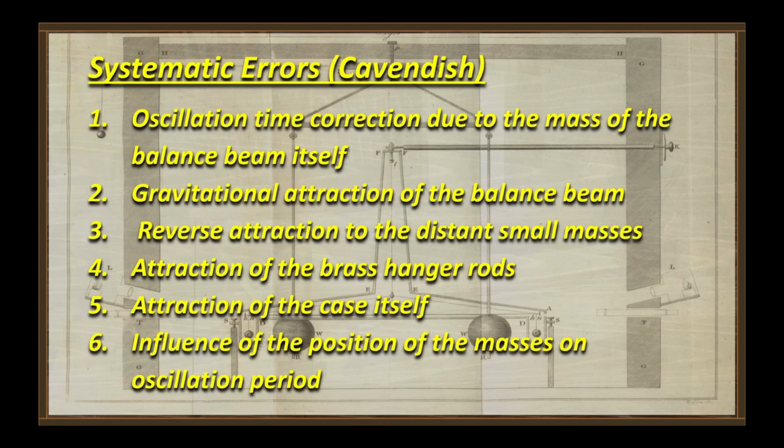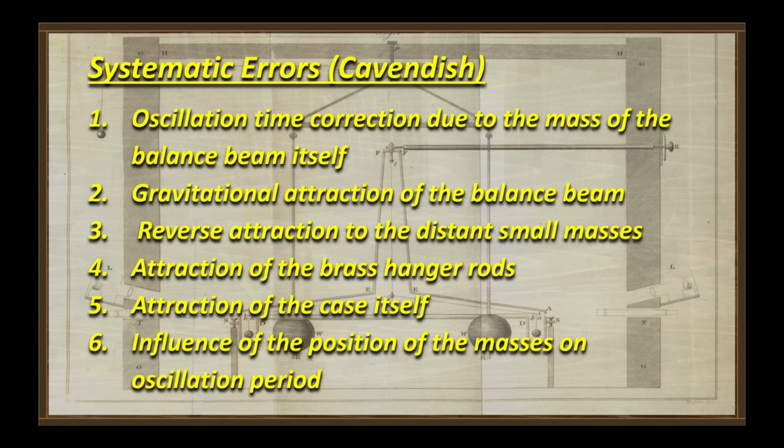And finally, Cavendish identified the influence of the position of the masses on the oscillation period. We noted it, we measured it, and it is mitigated simply by making measurements of the time period with the masses in their resting positions, not in a neutral position.